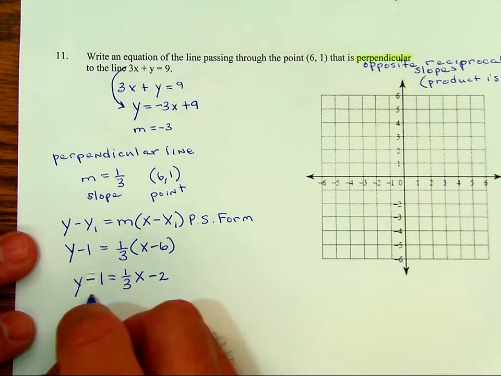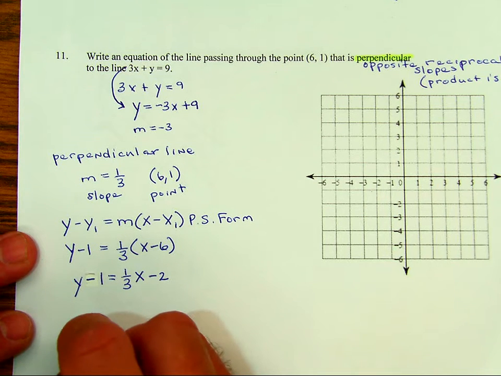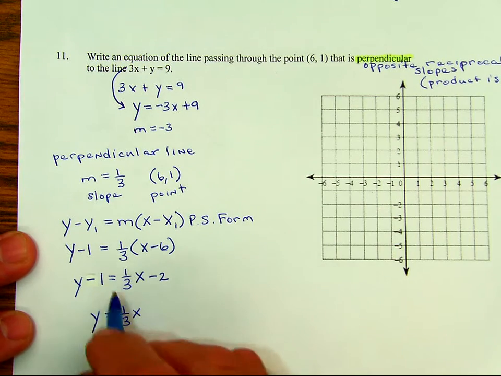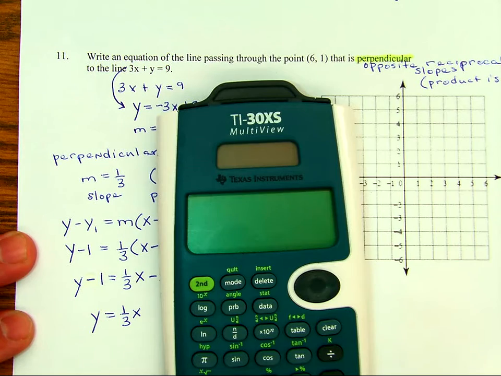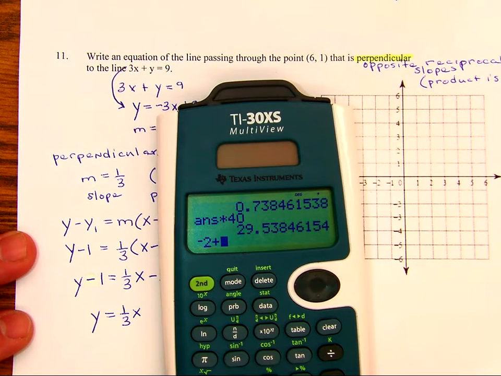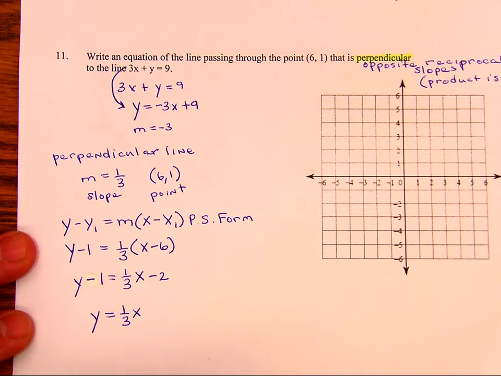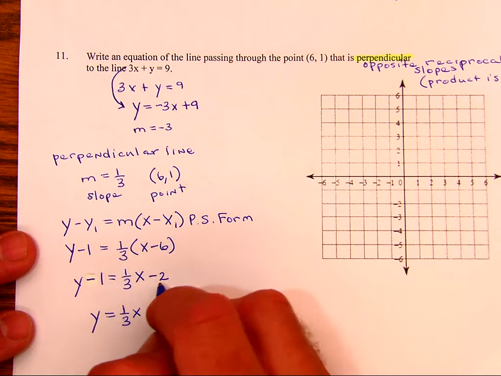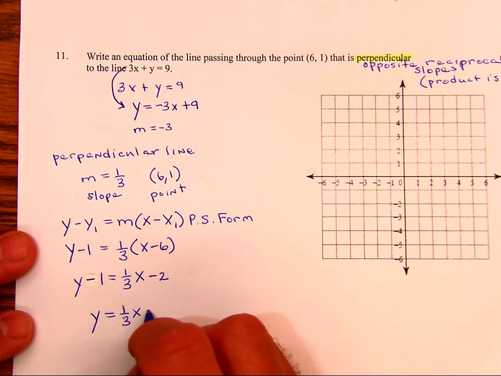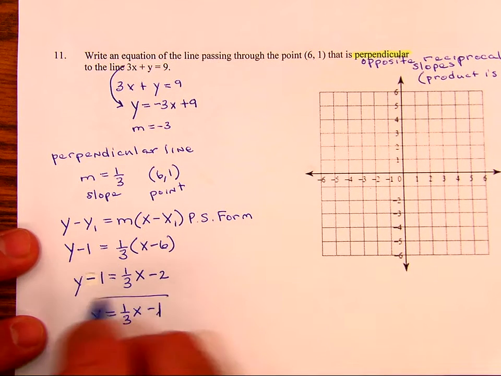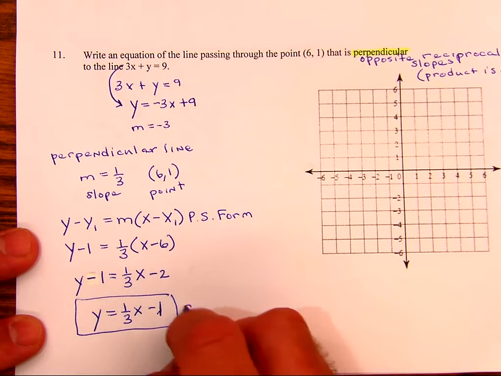Okay, next I'm going to add 1 to both sides. If I add 1 to -2, -2 plus 1 is -1. So I added 1 here. The -1 and +1 canceled. -2 plus 1 is -1. So this is the equation in slope-intercept form.